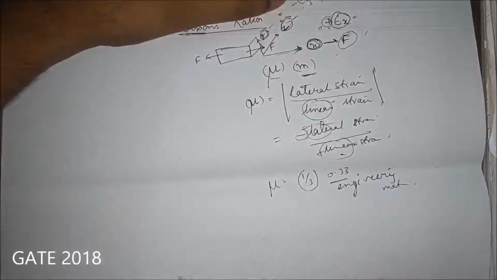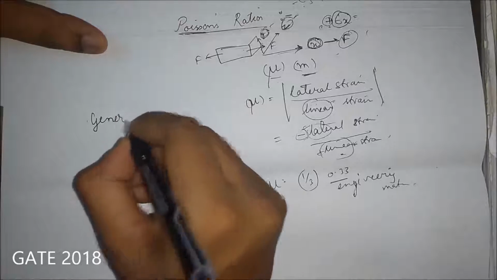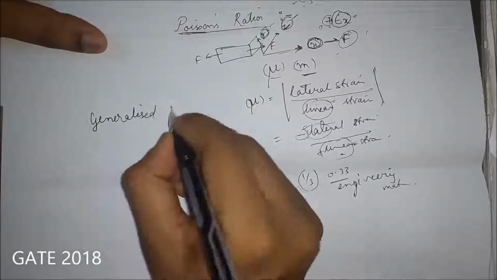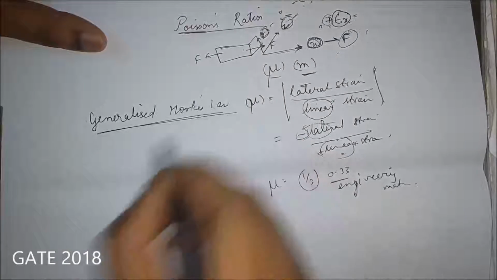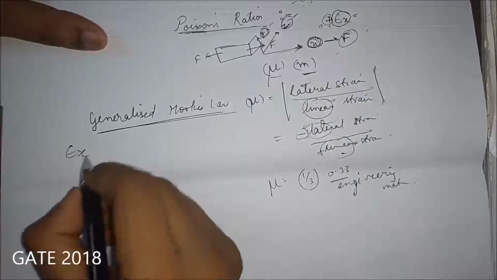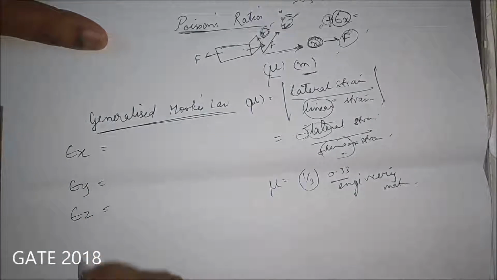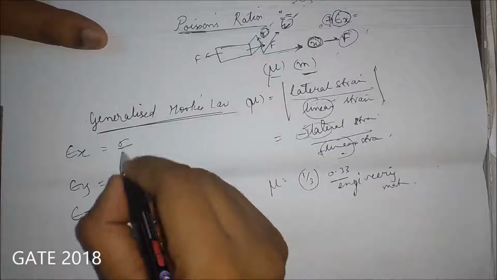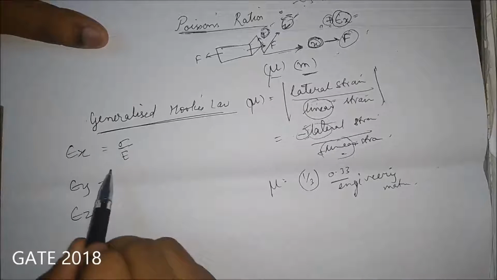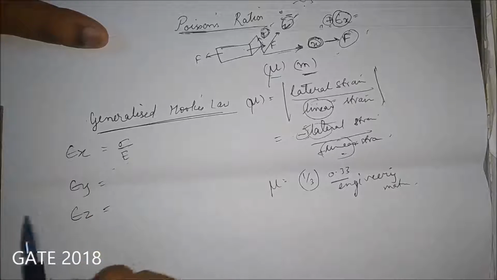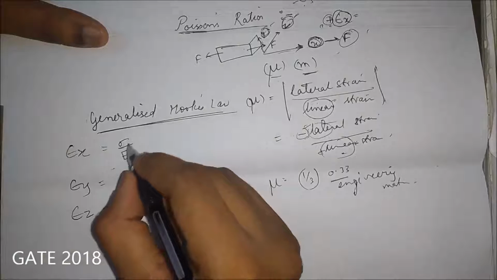Okay, now I'm going to write something called generalized Hooke's law. Okay, we have epsilon x, y and z. This can be written as sigma by E. You know, stress by strain is equal to Young's modulus or modulus of elasticity, but just by interchanging both.